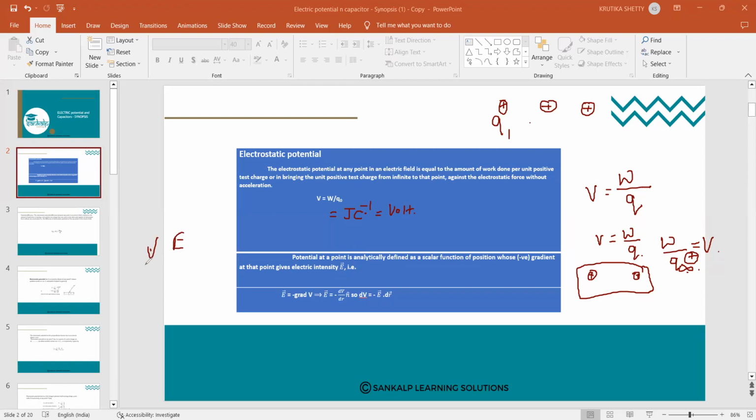The electric field and the potential are given by the relation E equals minus dV divided by dr, where dr is the distance. Okay. When I write it in the vector form, we multiply by the unit vector n cap. So this is regarding the relation between the potential and the electric field.